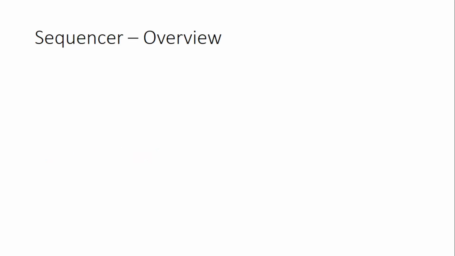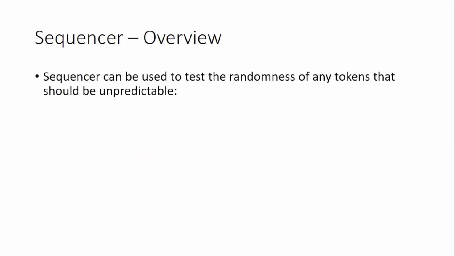You wouldn't use it for CTF, as it is used to test the randomness of any tokens that should be unpredictable. Randomness is also called entropy, but let's not go into detail of what entropy means. Just remember randomness.